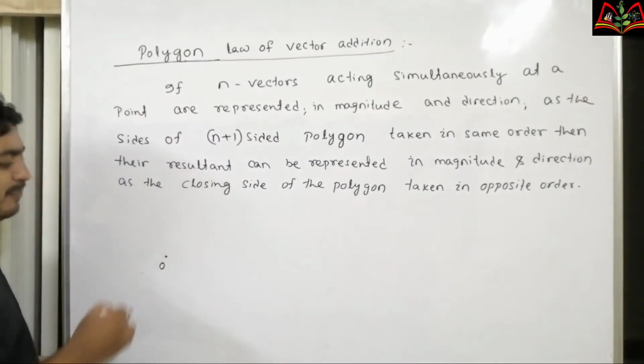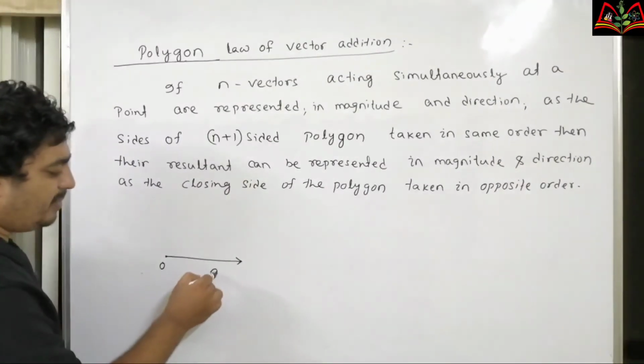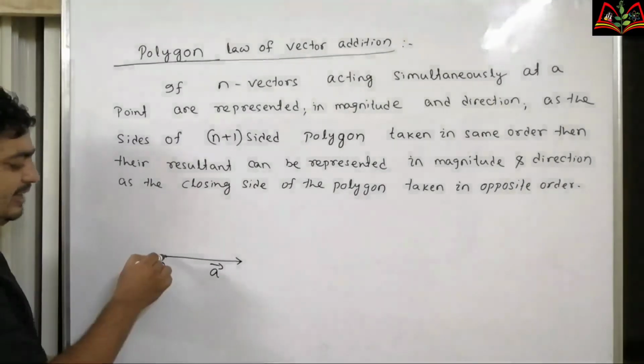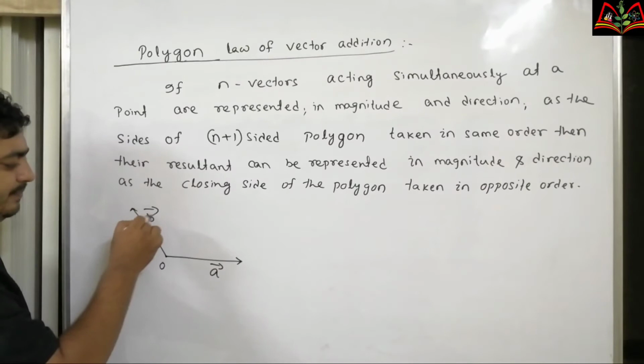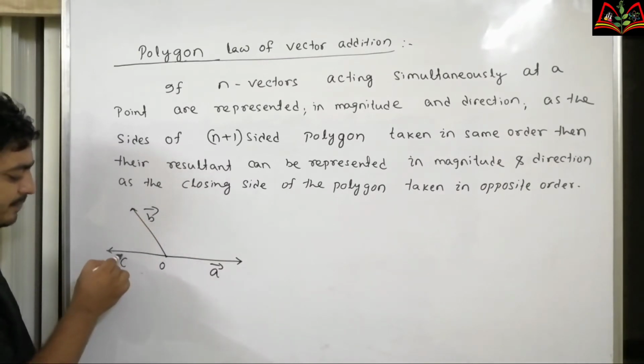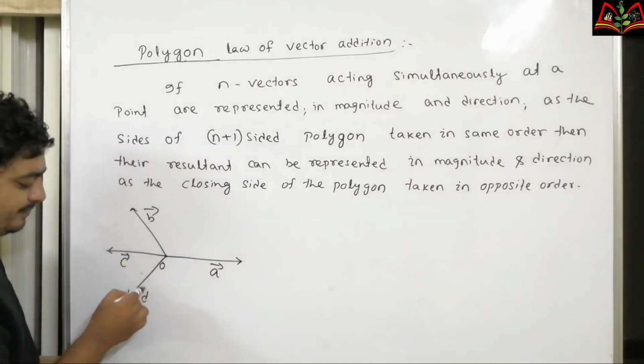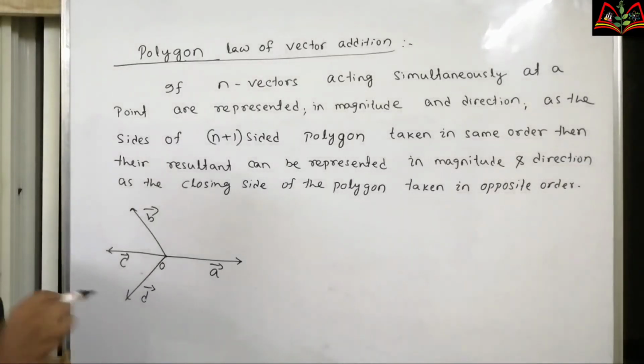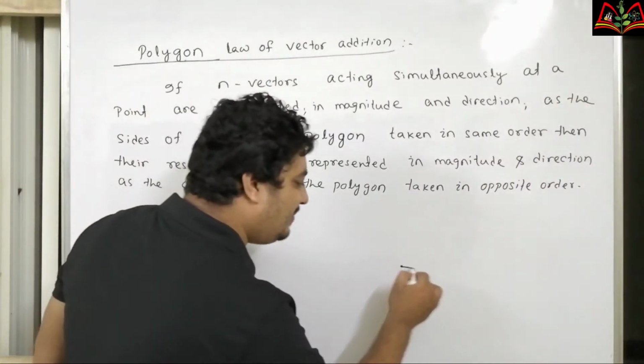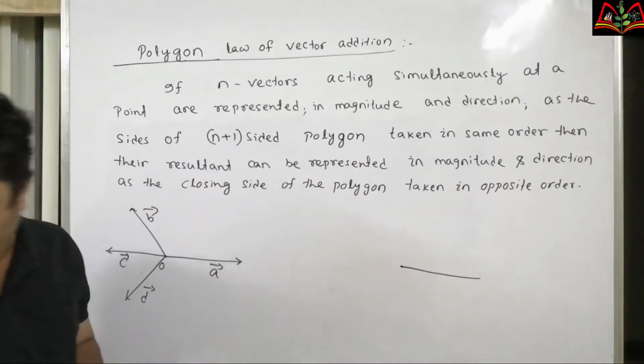So, consider a point O. There are a number of vectors acting here. Let this be A, this is B, this is C, this is D. We have to find the resultant. Now, shift A parallel to itself.